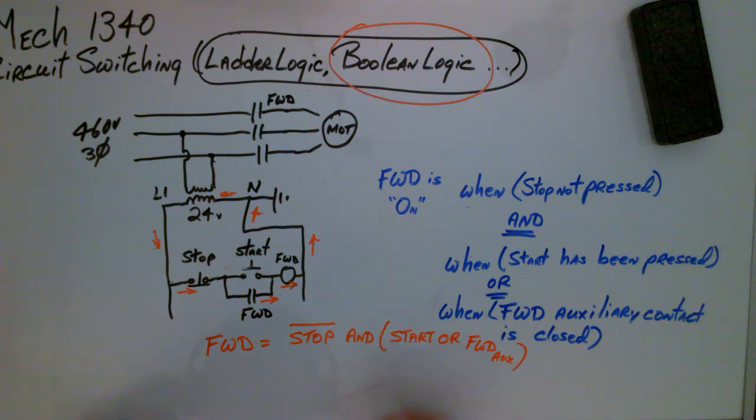Okay. To be more mathematical about it, let me get a green marker here. Time for a change, right? Forward is equal to stop. Now the bar means negated. The bar means not stop, or stop not. Okay, not stop, stop not, same thing.